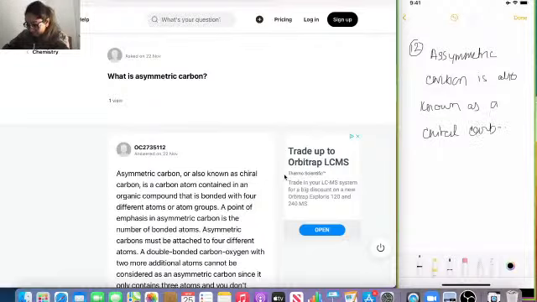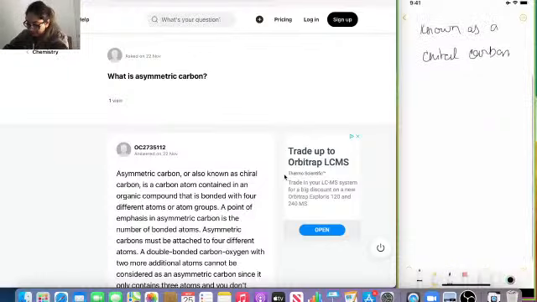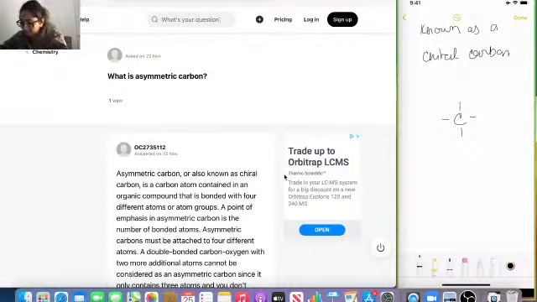What a chiral carbon is, if we have a compound here, a hydrocarbon base, or an organic compound carbon chain, our central carbon here would have 4 distinct groups, any 4 distinct groups.